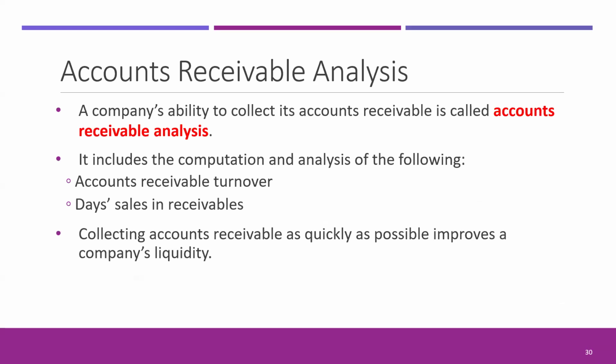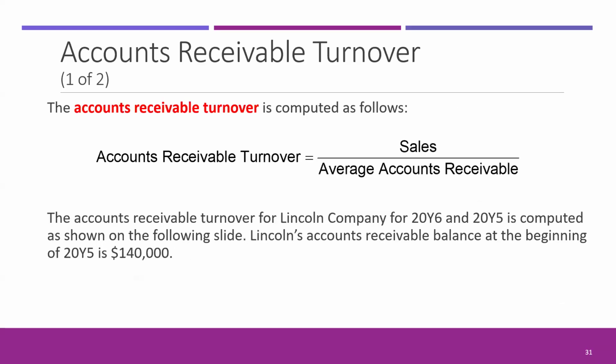Now this is a review of accounts receivable turnover. We went over this in the accounts receivable chapter, but we take sales divided by average accounts receivable, and we get the accounts receivable turnover ratio. It's the number of times AR is cycled through in a year.